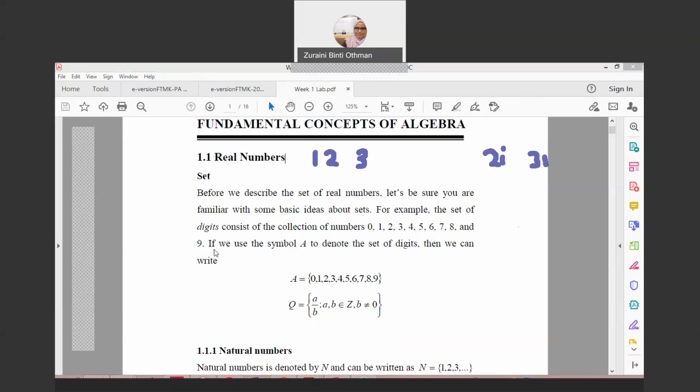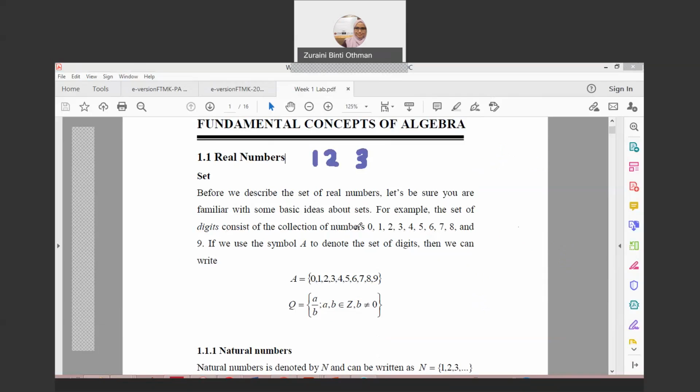In a satah, this is real number R, and there is imaginary part. Now we only focus on real number only for this course. Kalau engineering dia ada belajar juga imaginary part, which involve complex number.